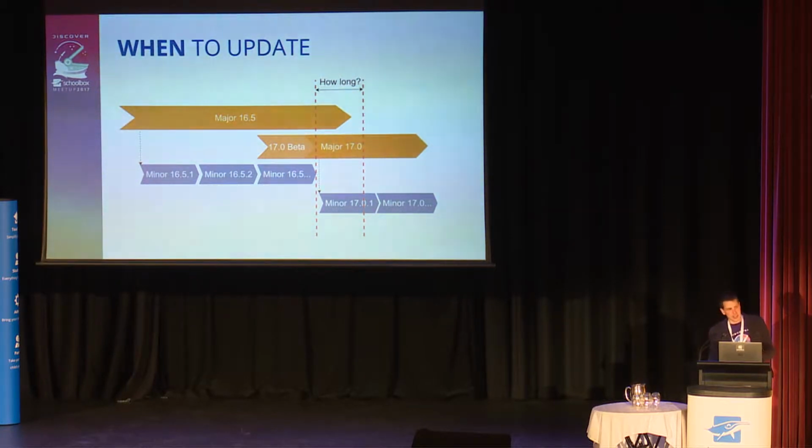Just on the other side, with the update process internally, we actually have a staggered release process. What the staggering of the release process does is ensure that we're not rolling out an update to every school on one day. We will only update a certain amount of schools every day, and that ensures that if there is some critical issue that is discovered during that update process, we're minimising the amount of customers impacted by that update.